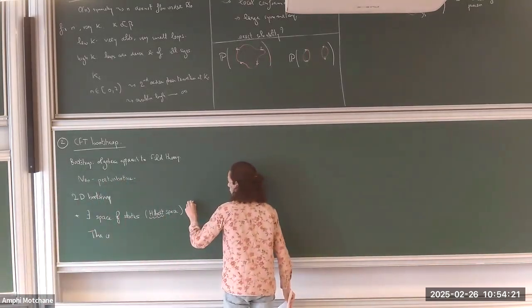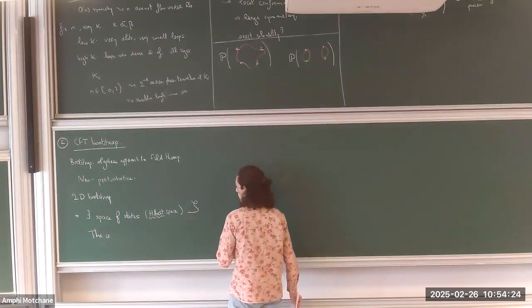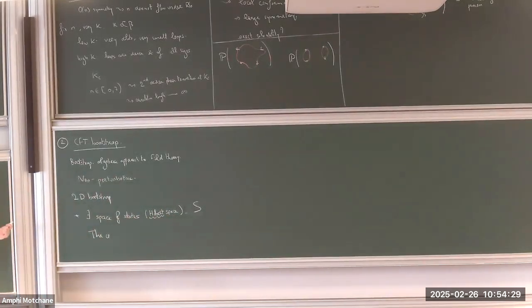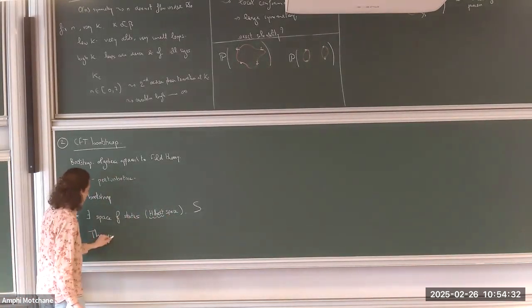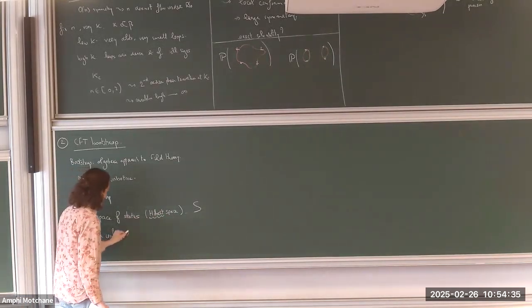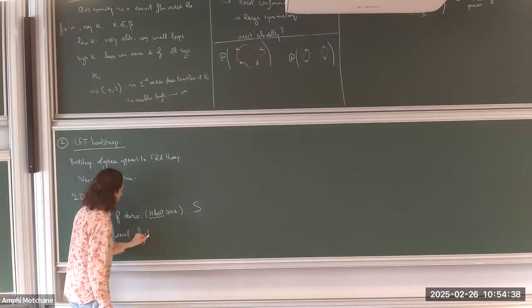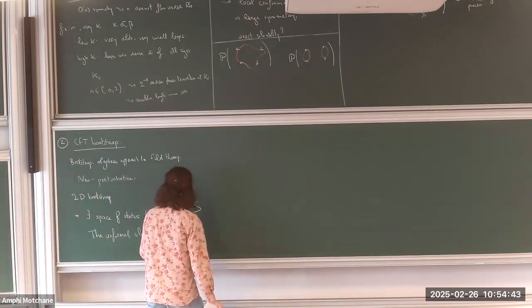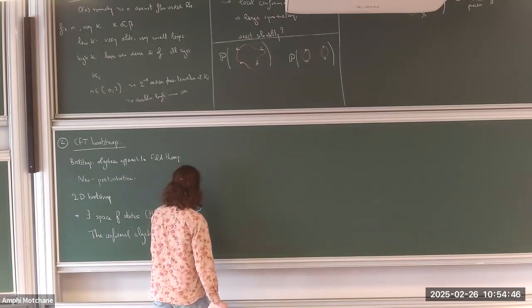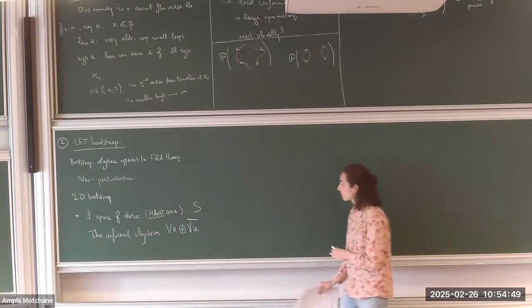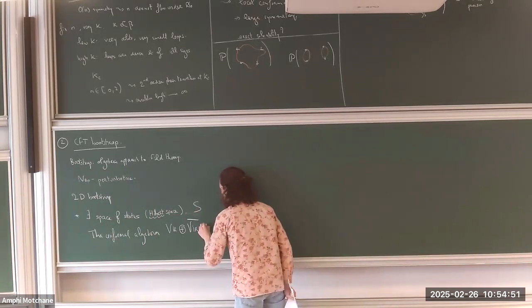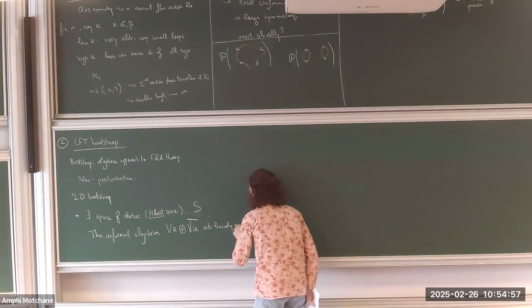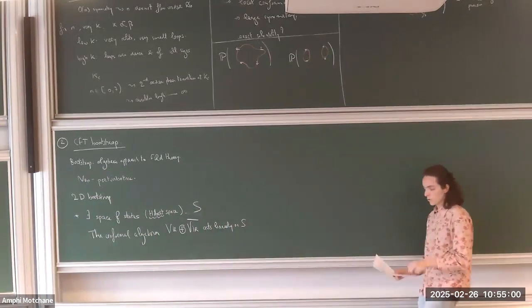I will call it S. So there exists a space of states S, and the conformal algebra, which some of you probably know is the sum of two copies of the Virasoro algebra, which we denote Vir and Vir bar, acts linearly on S. So that's our first assumption.